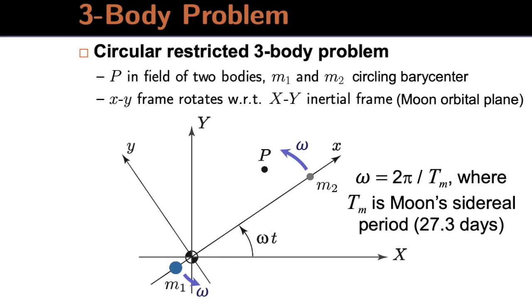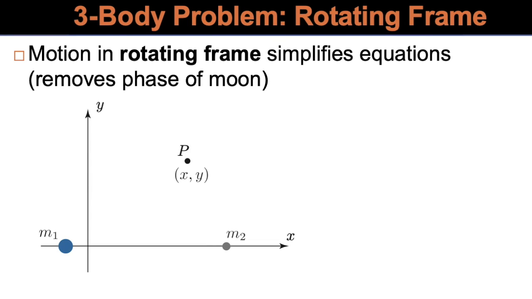And then we have a whole coordinate system that rotates, keeping the Earth and moon fixed. So in that frame, in this rotating frame, the equations of motion are simplified because we'll have a right-hand side of the equations that doesn't explicitly depend on time or, equivalently, the phase of the moon.